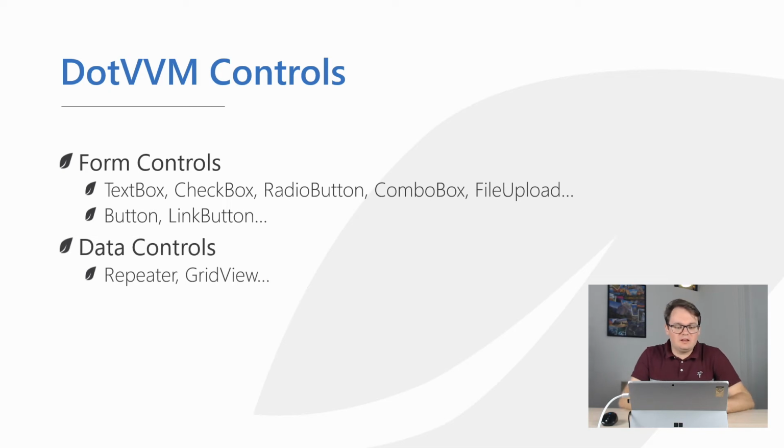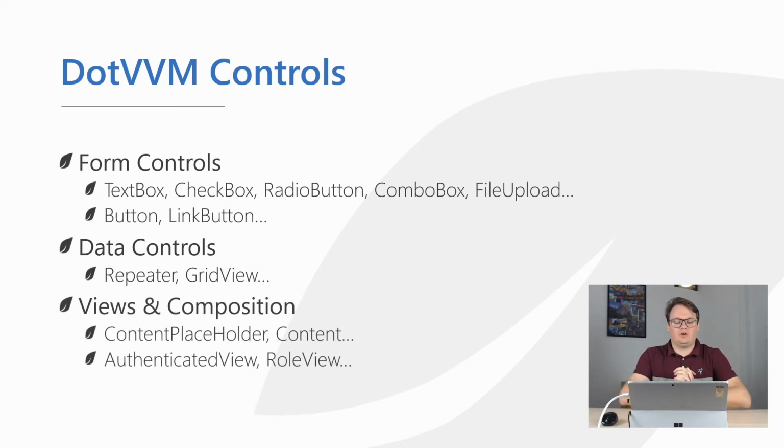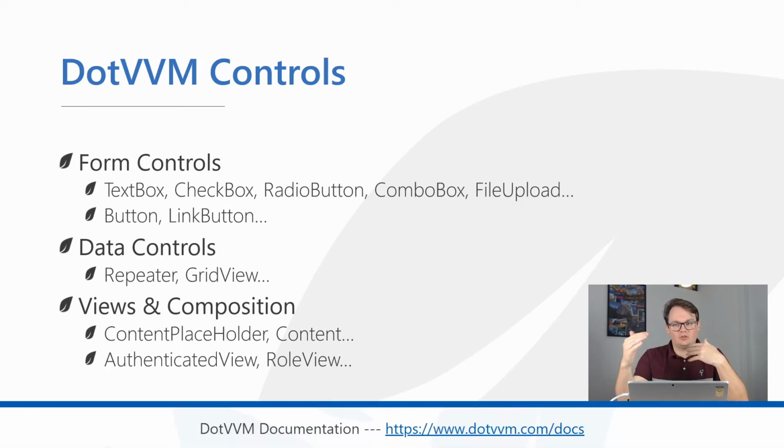Then we have data controls, for example, a repeater, grid view, list view, and other things. They support data binding, so if you put a collection in your view model, then you can bind those controls to the collection, and they will render their content based on the items in the collection. We also have other controls with special meanings, for example, the content placeholder and content, to create compositions like when a page is embedded in another page.